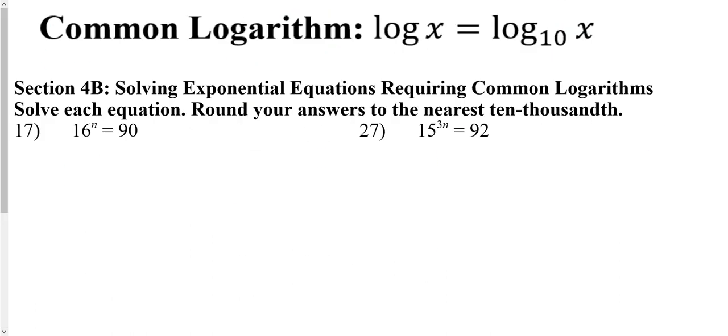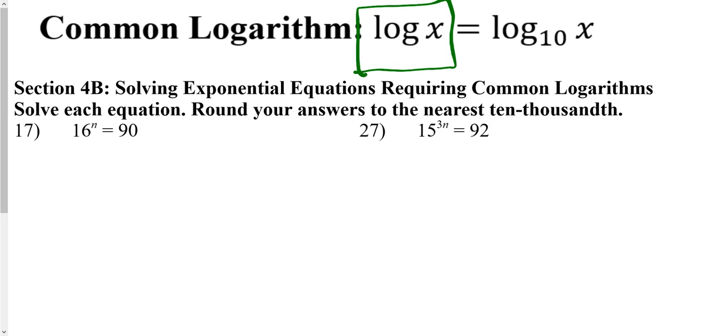We'd already talked about this before, but just remember that if there's no base written, it's assumed to be base 10. Or if it is written with base 10, you can write it as just a log with no base. Now, we're going to use this to help us solve these equations down below.